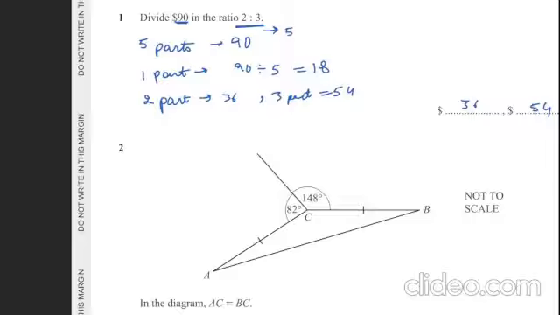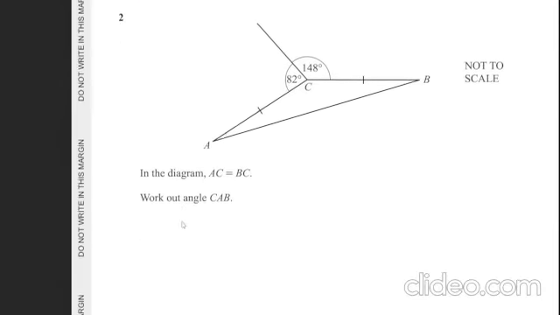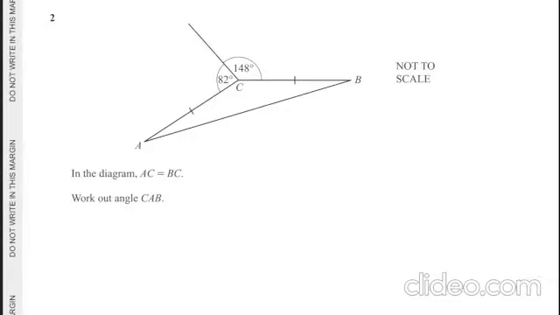Okay. Next question now, second question. It's a geometry question. You have to work out the angle CAB in this. So angle CAB is this angle. Before finding this, can we find this angle? Yes, because the sum of angles at a point is equal to 360.